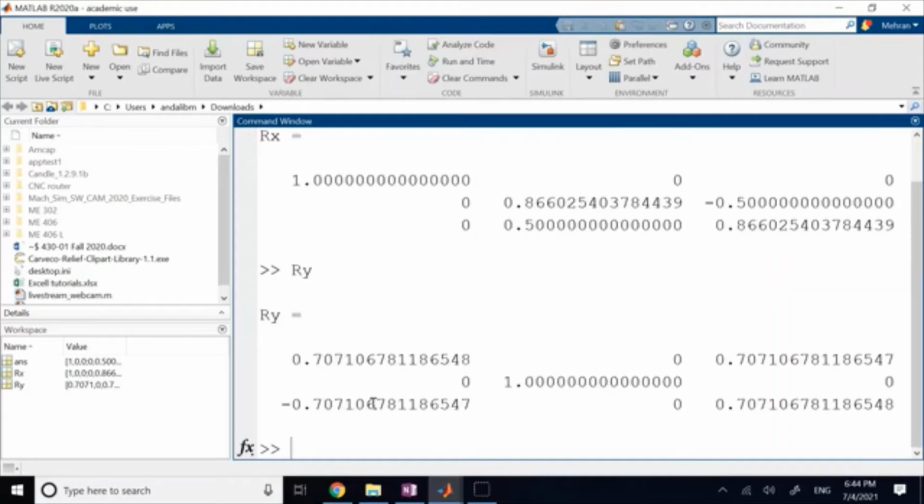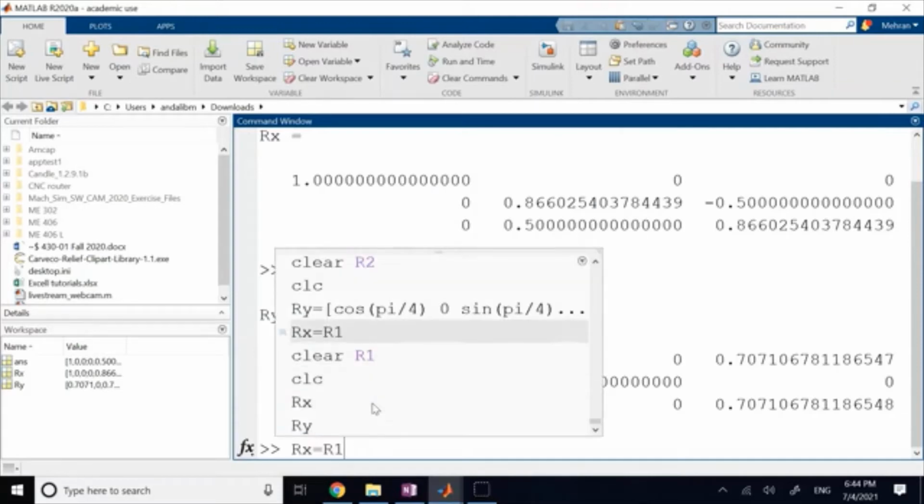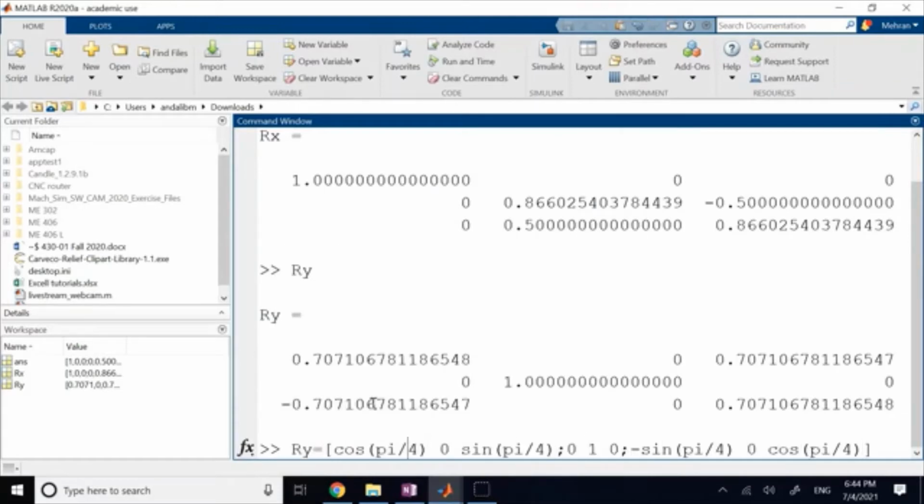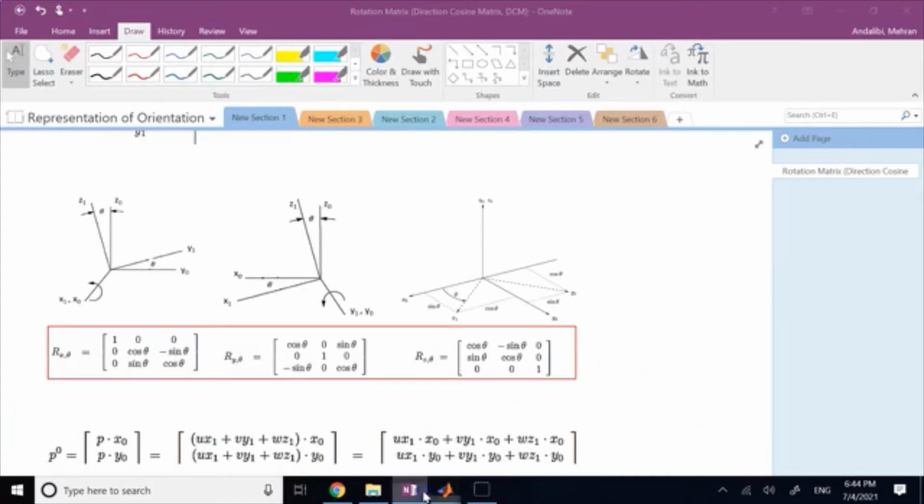If I want, I can also create a Z rotation matrix. And here, for this one, let me use pi over 3, and the Z rotation is going to be cosine, right? You know, the Z rotation has 0, 0, 1, 0, 0. So you are going to get cosine, negative sine, sine, and cosine, as you can see here.